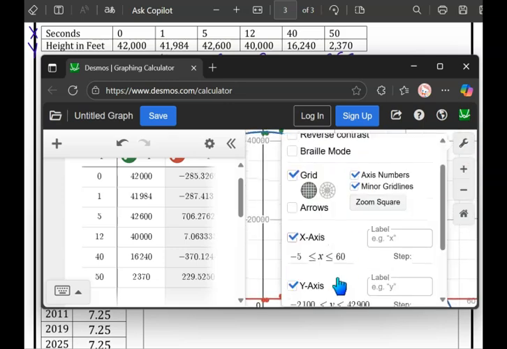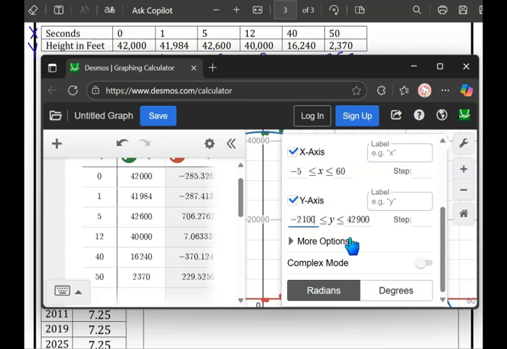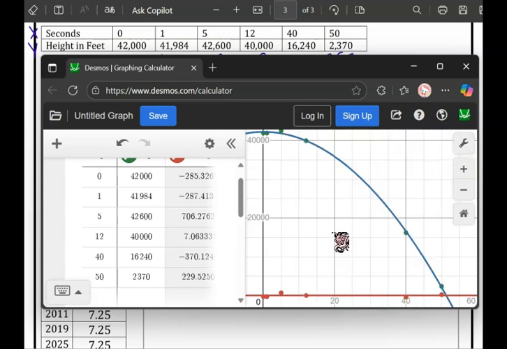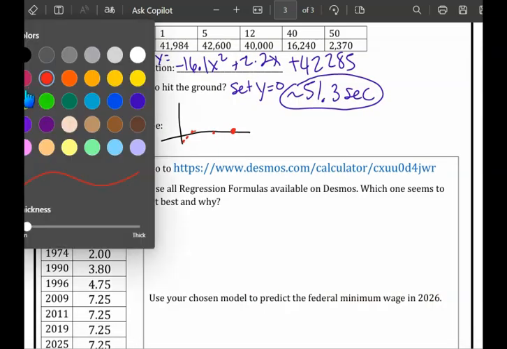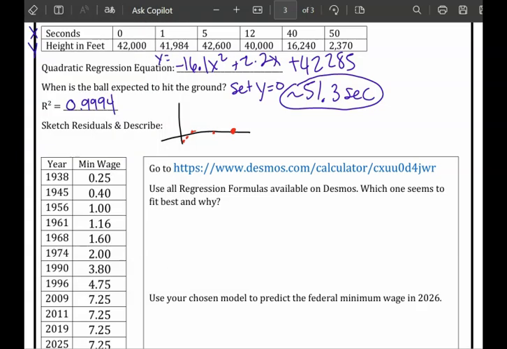Let's have the y values go a little bit lower, so I have like negative 3,000, just so we can see those residual plots better. Looks kind of like a straight line from here. So in here, there could be a pattern, but not necessarily since they're all so close to 0.